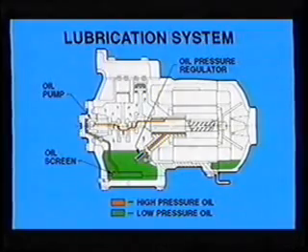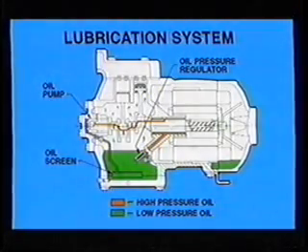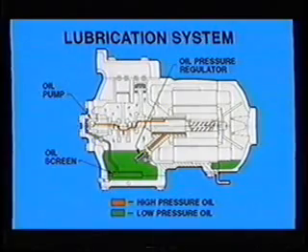Oil is picked up through the oil screen and tube assembly, forced through the oil pump, and supplied to the various bearings at high pressure through internal passages drilled in the crankshaft. Pistons, wrist pins, rings, and cylinder walls are lubricated by an oil mist that's present in the crankcase.